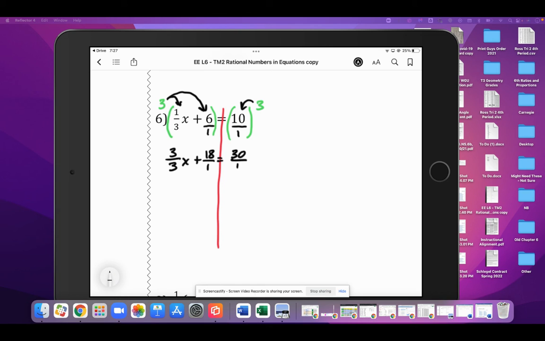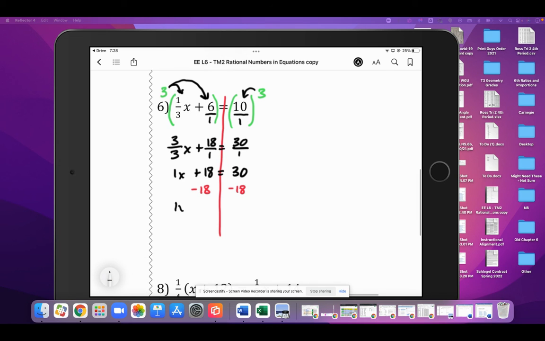And so we get 3 over 3 is 1x plus 18 equals 30 over 1 is 30. And so just like we do, we would subtract 18 from both sides. And we would get 1x equals 12, which is the same as x equals 12.